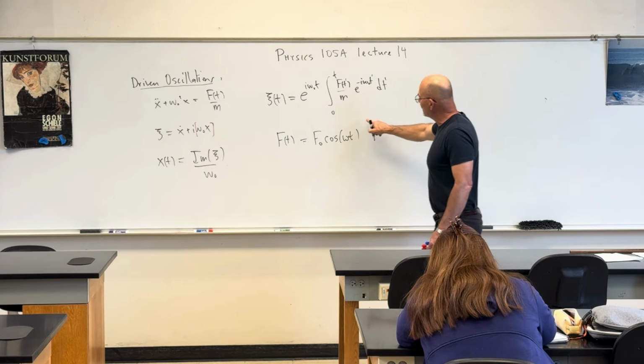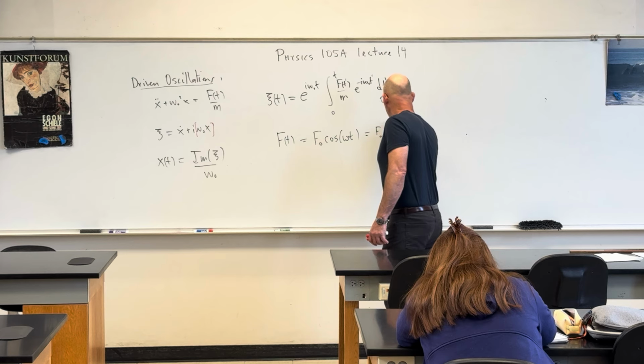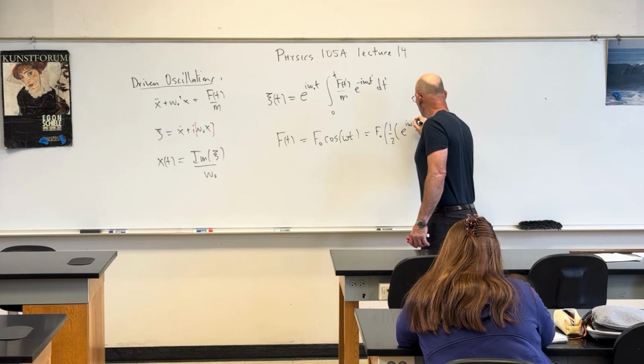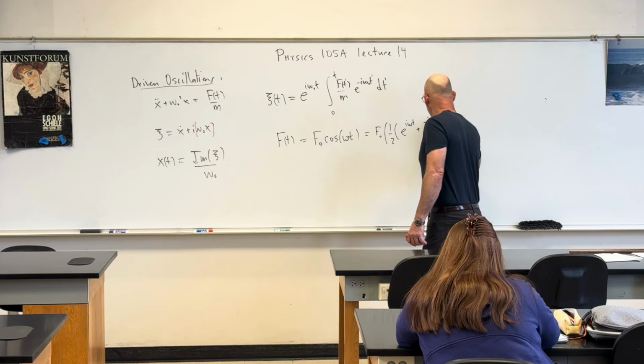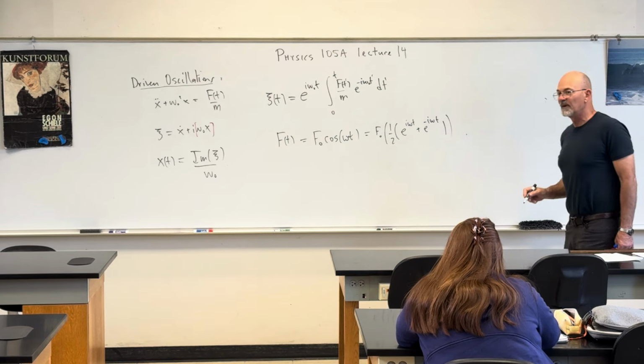And I even said to go ahead and write this in this form, 1/2 e to the i omega t plus e to the minus i omega t. So we have the cosine in that form.